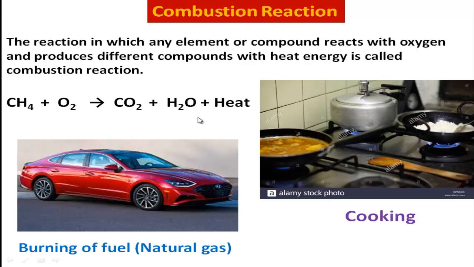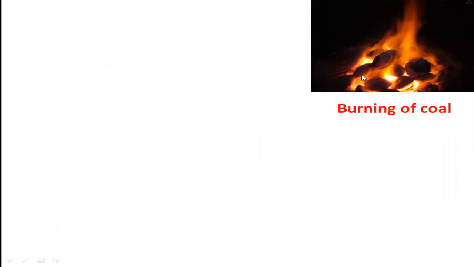Now we will follow another example. This is burning of coal. If you use coal as fuel for cooking purpose or another purpose, then also combustion reaction occurs, because here coal is mainly carbon.